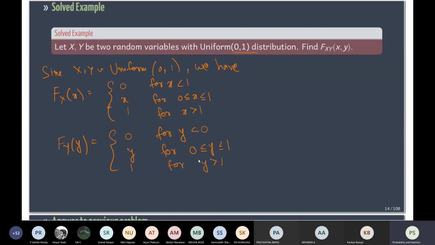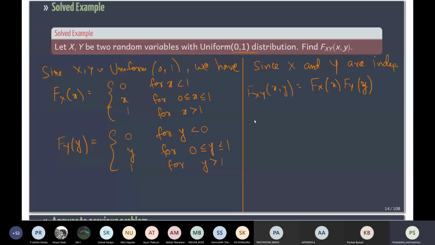Okay, so since X and Y are independent, we can use that fact. So F_XY will be the product of the marginals.